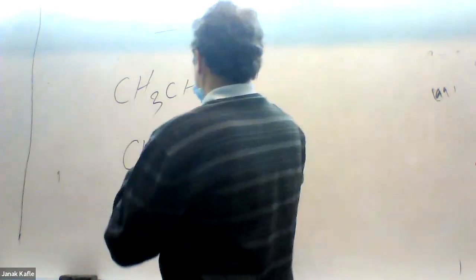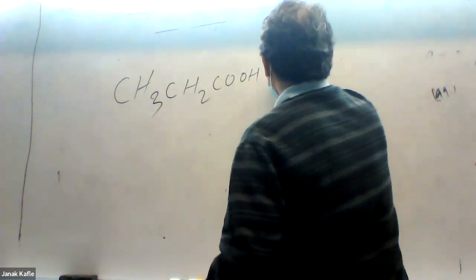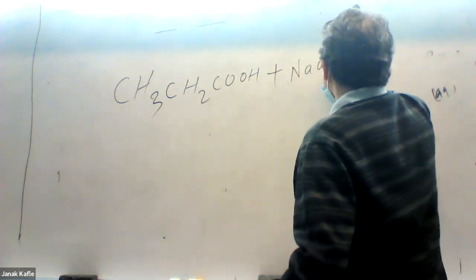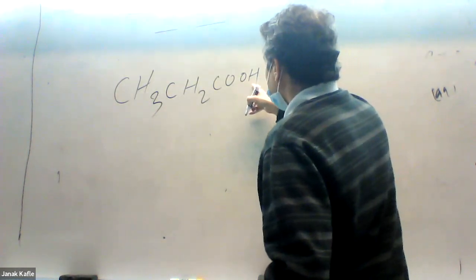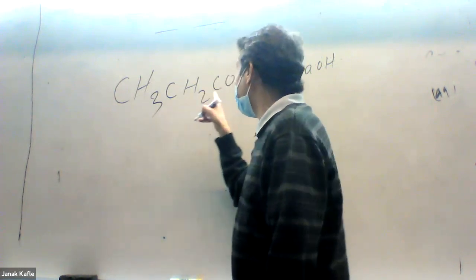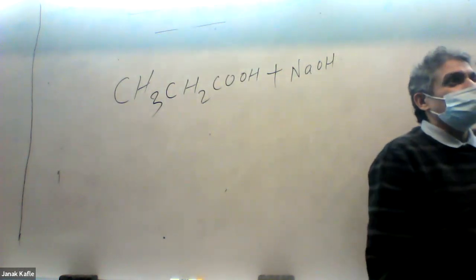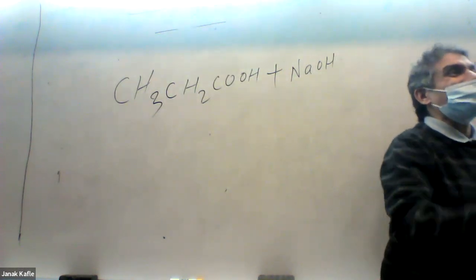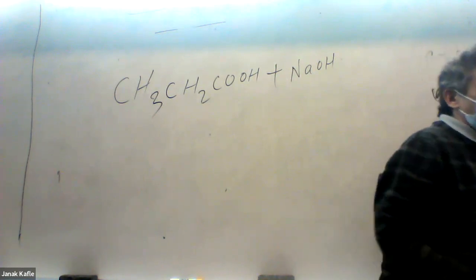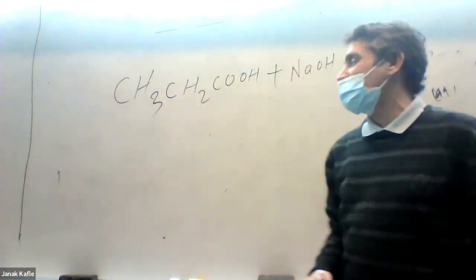I write a little bit longer compound here in my notes. I throw this in water and I put some NaOH in water. This has H, but this H is not acidic. This H is not acidic. Only this guy is acidic. I told you, right? If you see COOH, that H is acidic, so it can break and go out in water. The other H's cannot be broken.